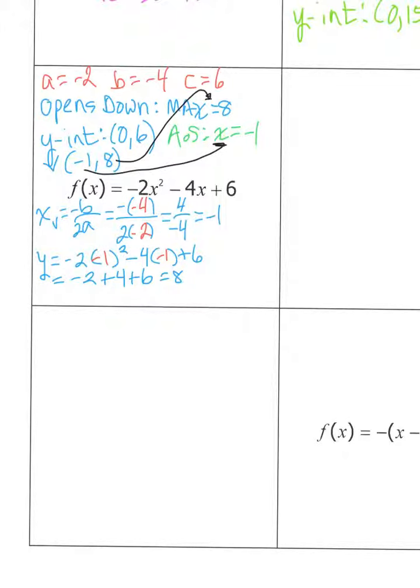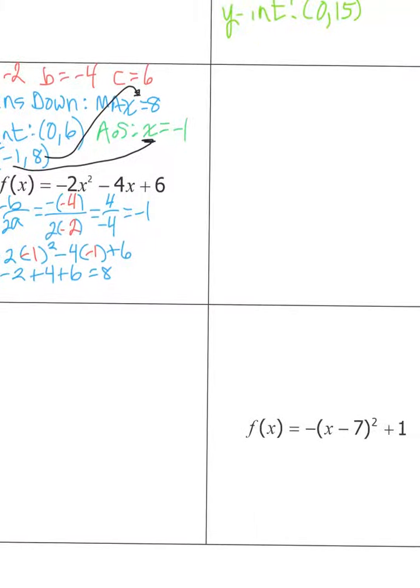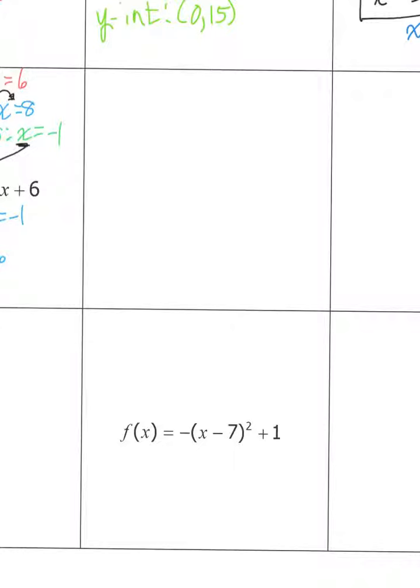All right, so now we have everything we need to write the vertex form. So the vertex form, if you recall, and you can also see it above, is y equals a times (x minus h) squared plus k.